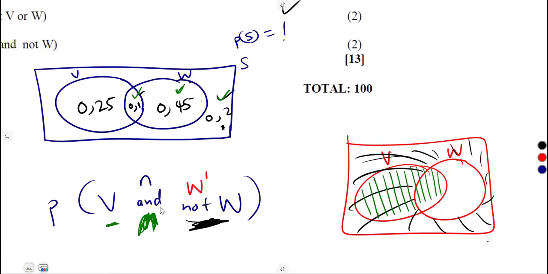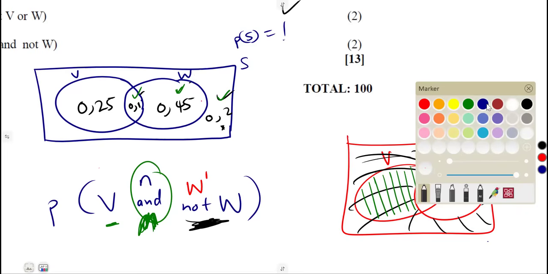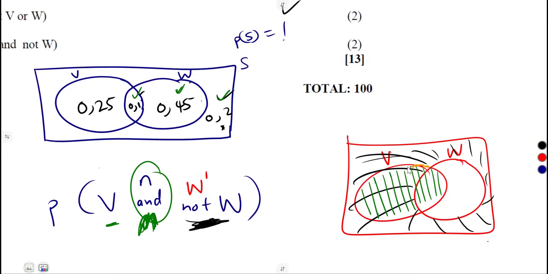When we talk about an intersection, we are talking about elements which are found in both V and not in W. So we need the part which is shaded both, where we see the green and the black. We can trace it properly here. It is this section here.